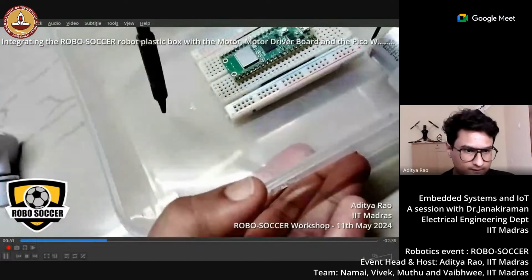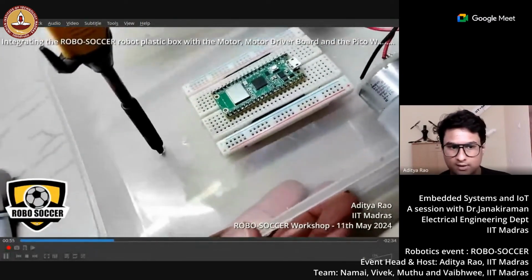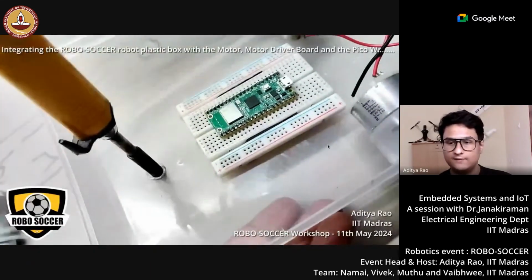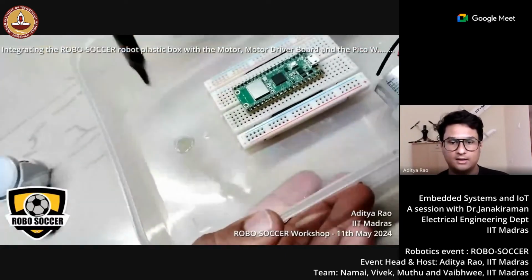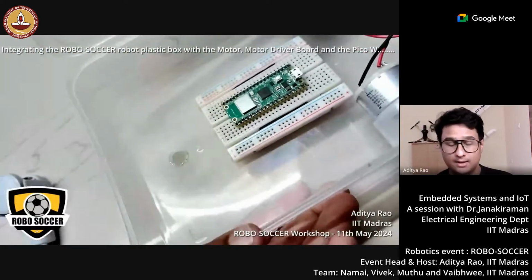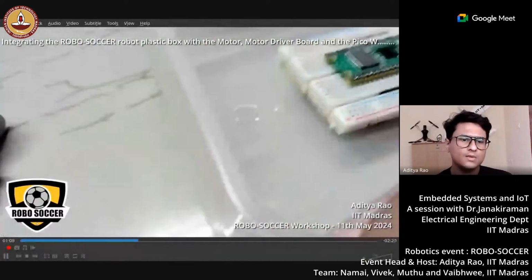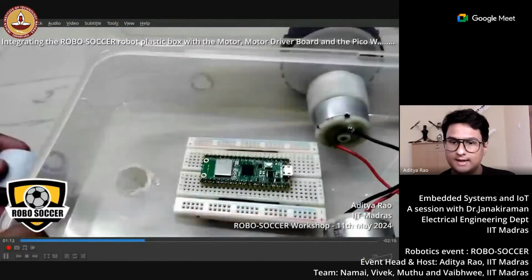In the video, we'll also see that I have made another hole in the center for a caster wheel. But in place of a caster wheel, we gave the students the option to use two more wheels in the front using two motors, making a total of four motors. Or they also had the choice to use a rod and then attach the wheels to that.